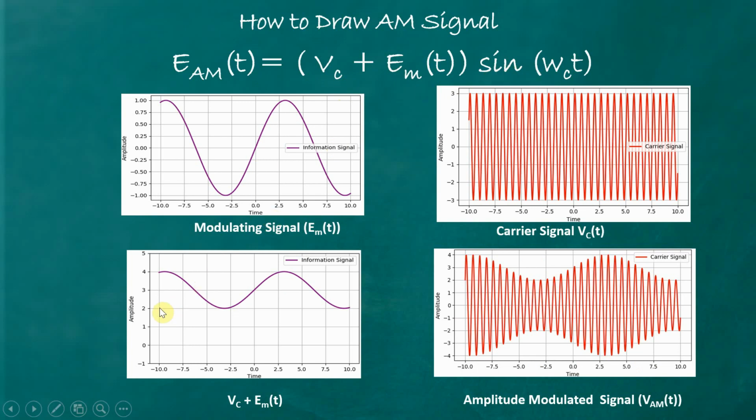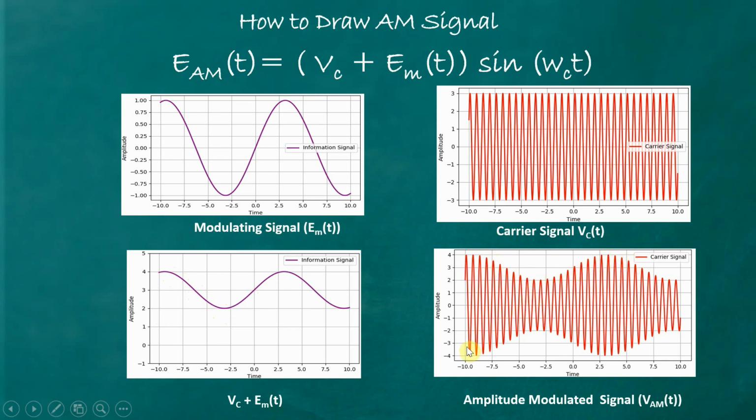If you consider t is equal to 0, then at t equal to 0 the peak amplitude of the modulated signal would be 4. As time passes, the amplitude decreases and it becomes 2 at a certain instant of time, then again it increases. You can see that in this modulated signal.